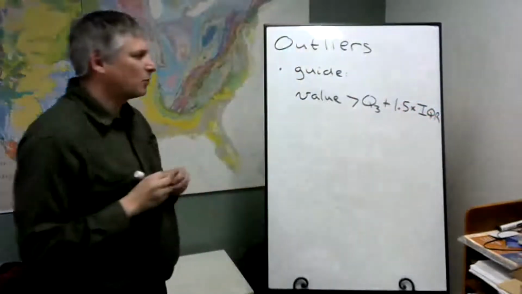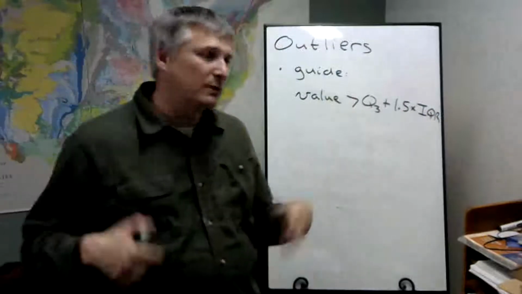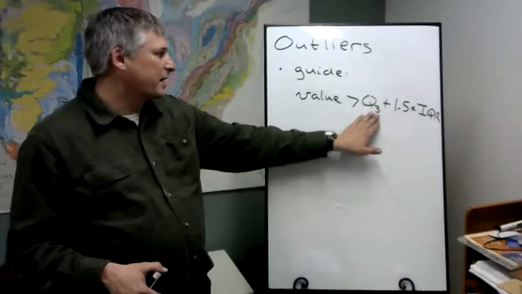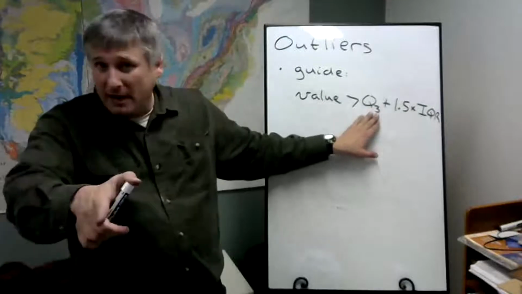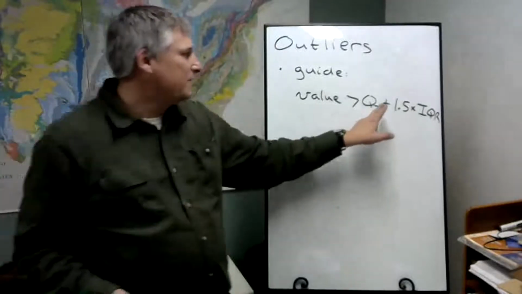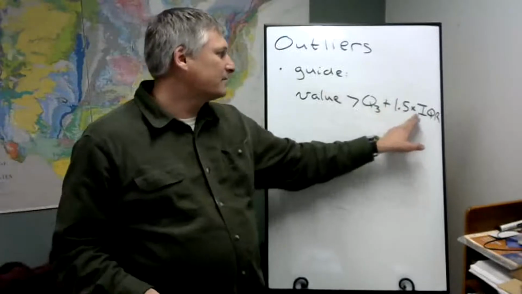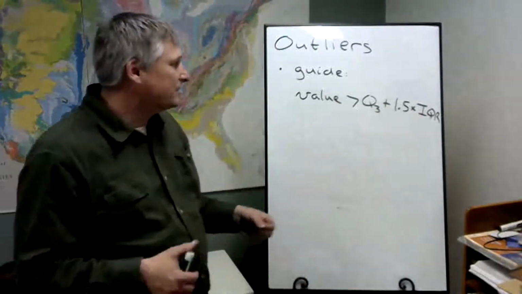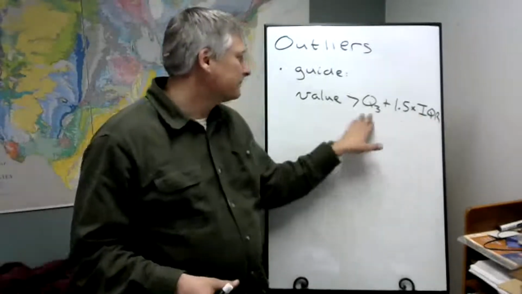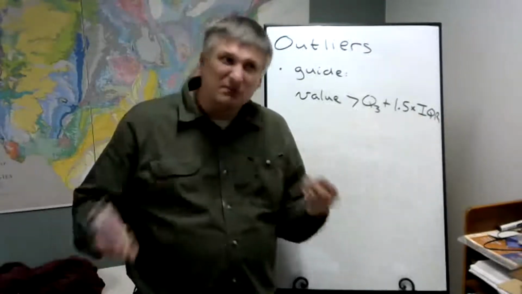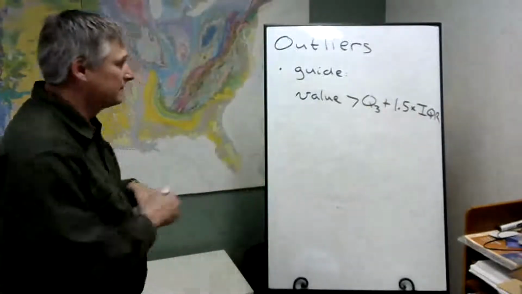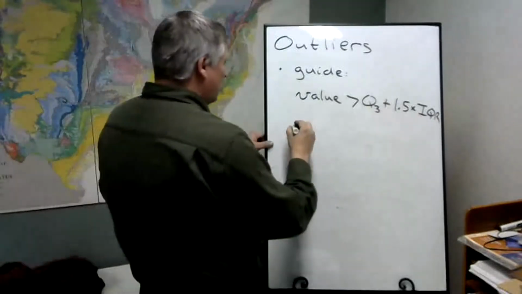Again, that's that use of quartiles that's going to be really helpful, other than the 5-number summary. So if you take the third quartile, whatever data value that was, and you add to that 1.5 times the IQR, your interquartile range, whatever data value is beyond this number, we could consider that an outlier value.